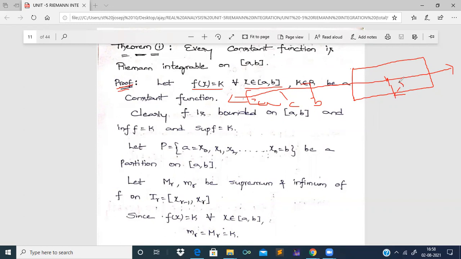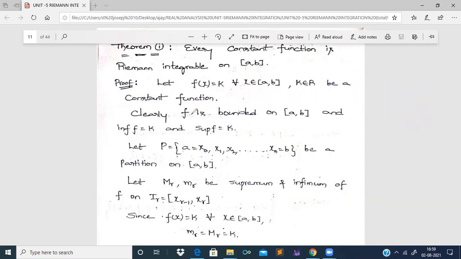Therefore, only one value k is lying in the values of all f of x. So the upper bound is k, the lower bound is k, and all the values are only k. That is the meaning of a constant function: for every value of x, f of x will be equal to k.